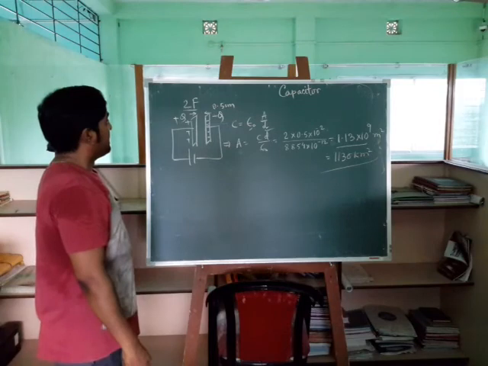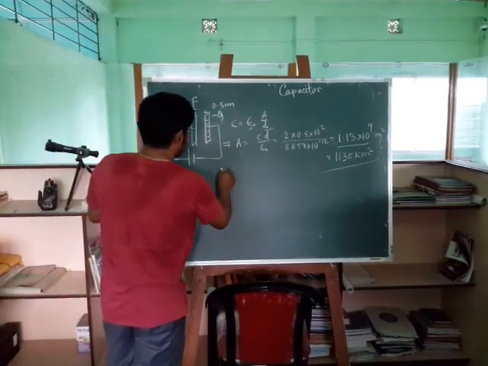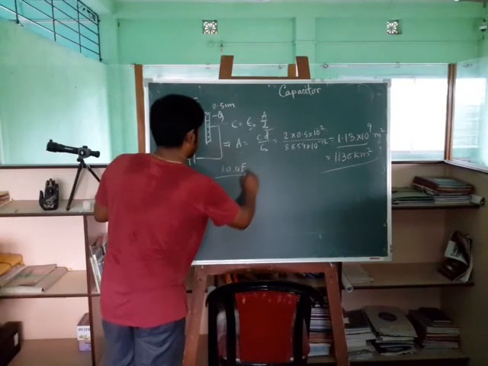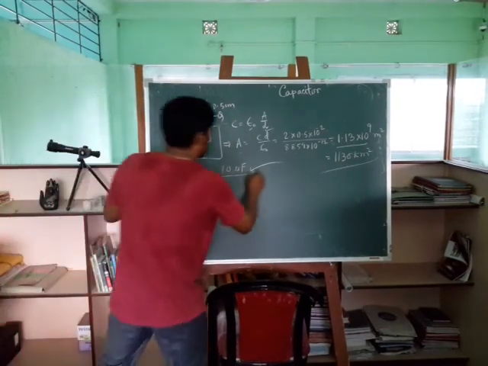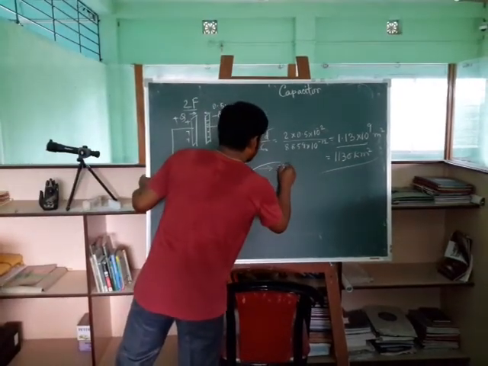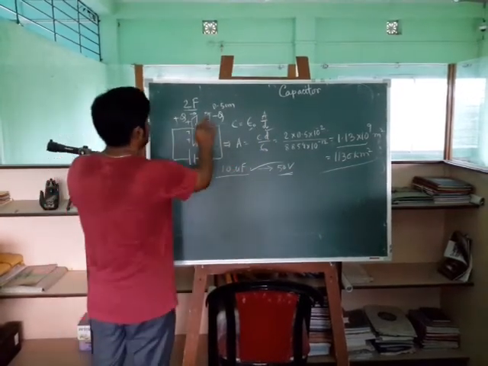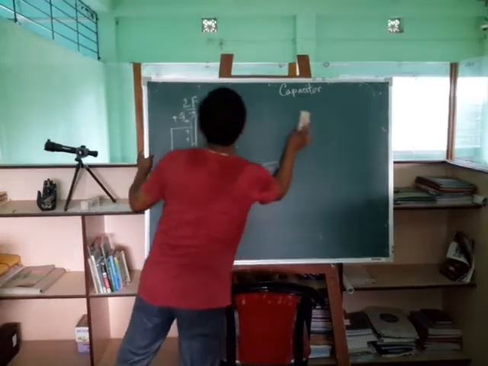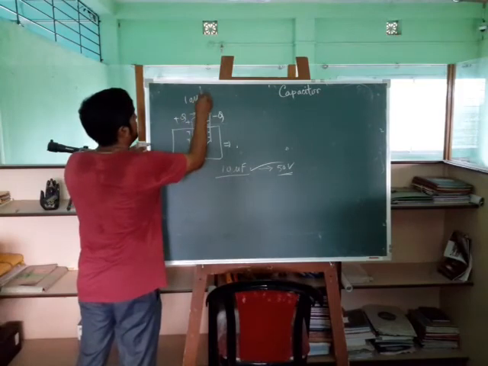Okay. Next one is, suppose we have 10 microfarad capacitors in stock. Now suppose each one of them can withstand only 50 volt potential difference. So suppose this is our capacitor, and this is 10 microfarad.